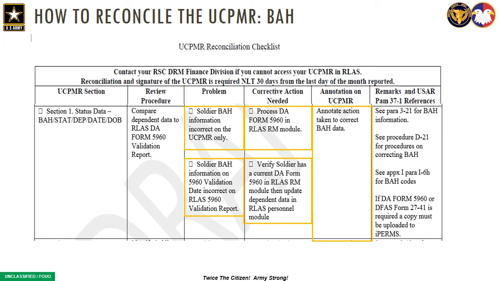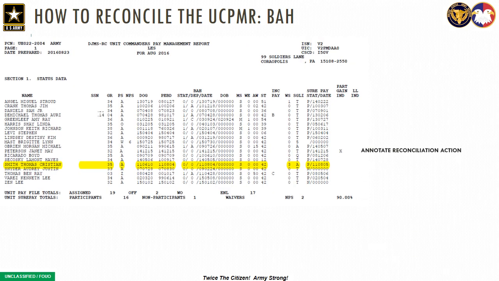Once you have submitted corrective actions in RLAS, you must annotate the corrective actions on the report as shown in the example. For additional guidance on the DA Form 5960, please watch the 3-part RLAS DA Form 5960 training on our YouTube channel.